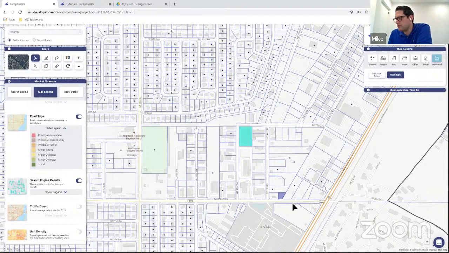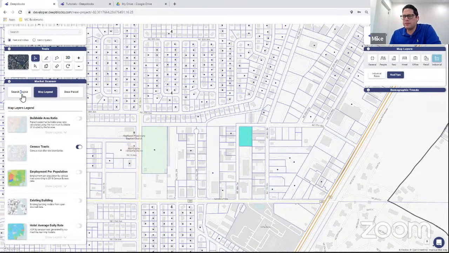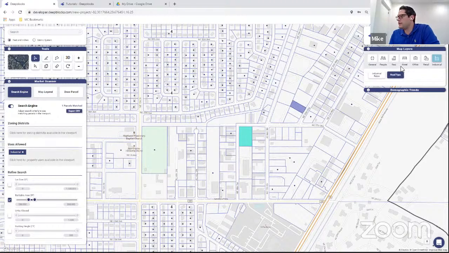We got some major collector roads right here. So it gives you a good idea of the types of roads coming in and going out to best understand if this particular lot would make sense for a distribution center or whatever it may be that's industrial. It's also a good solid corner lot, so that's a nice advantage as well. So we have that going for us.